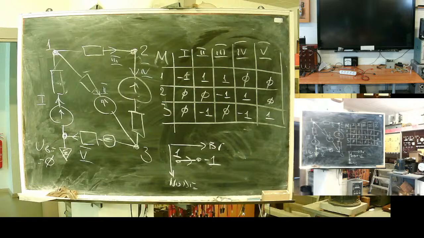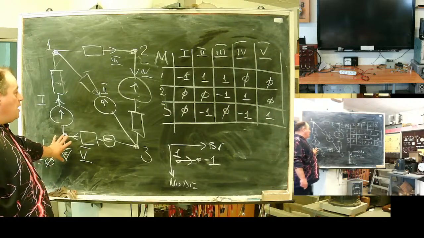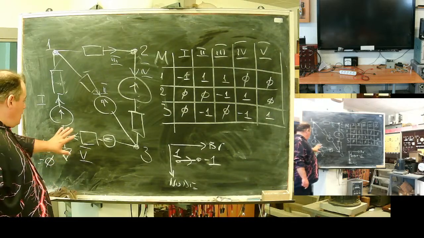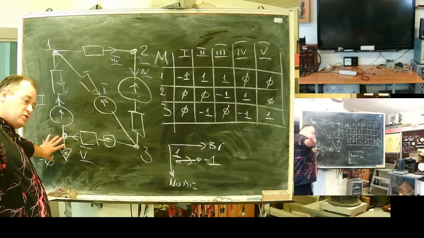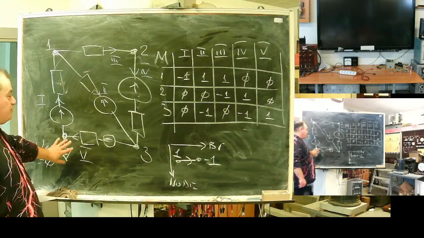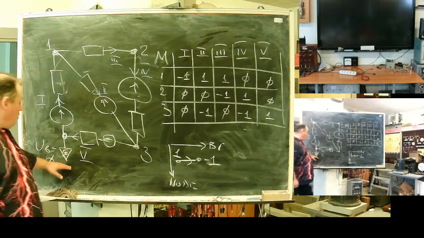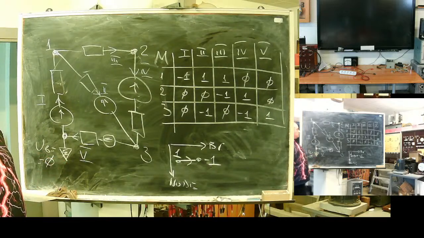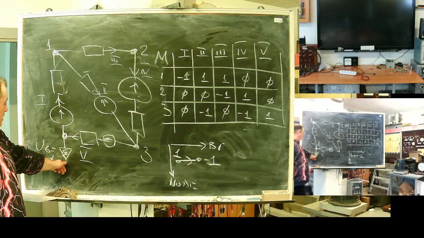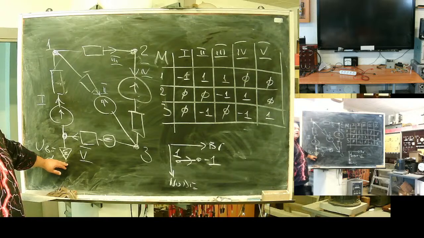And for the ground, it will be 0 for all, right? This node, we say we excluded it. So there will be no row for the base node. It may be ground or not ground. It's a base node.